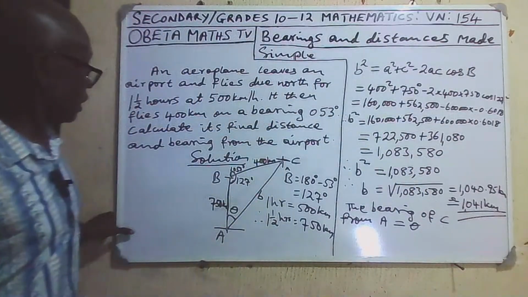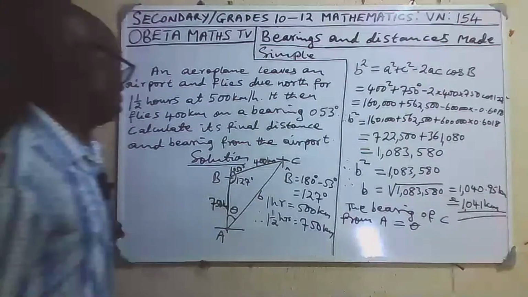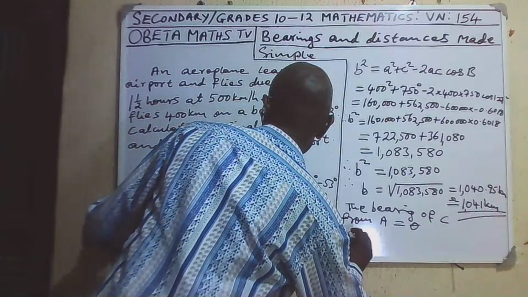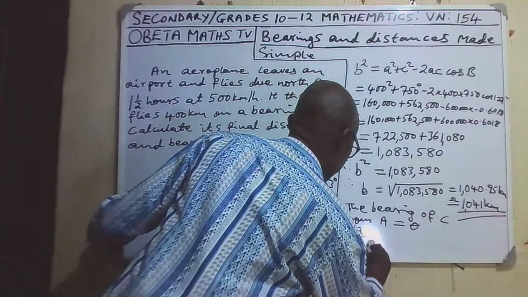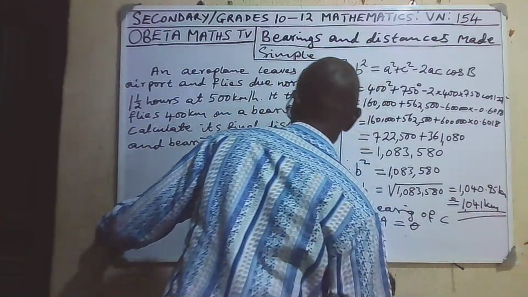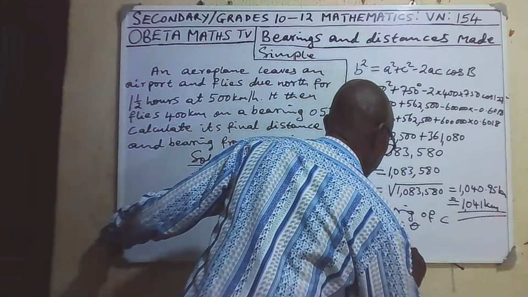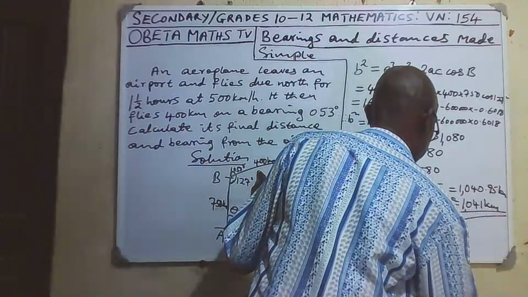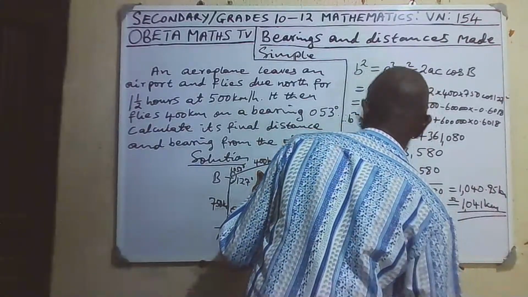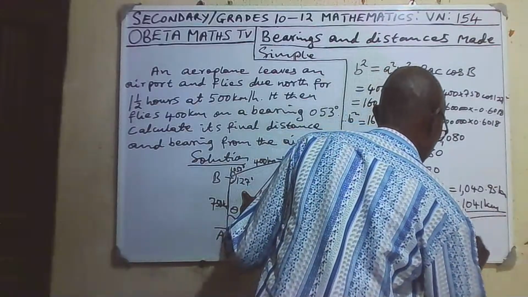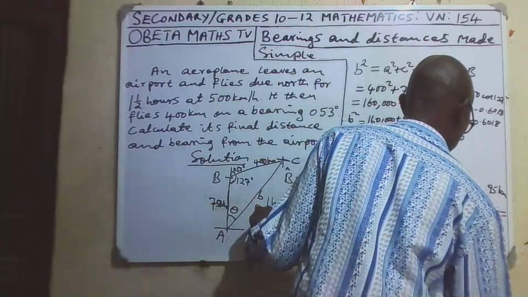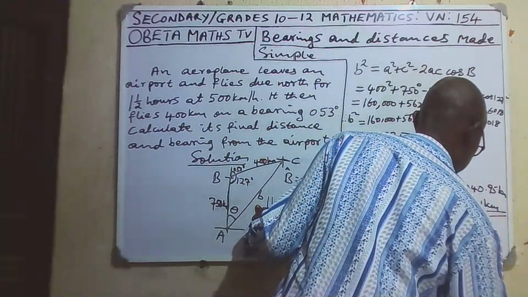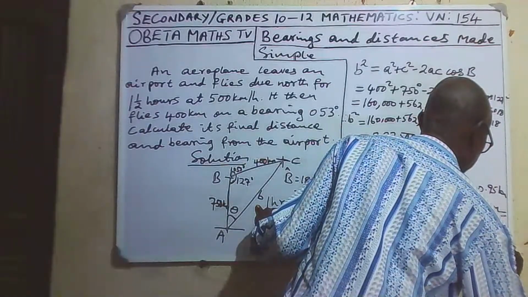In order to do that, we can use the sine rule. Using the sine rule, we can say that a over sine A should be equal to b over sine B. And that will lead us, a is 400 over sine theta, which is equal to b, 1041 over sine 127 degrees.